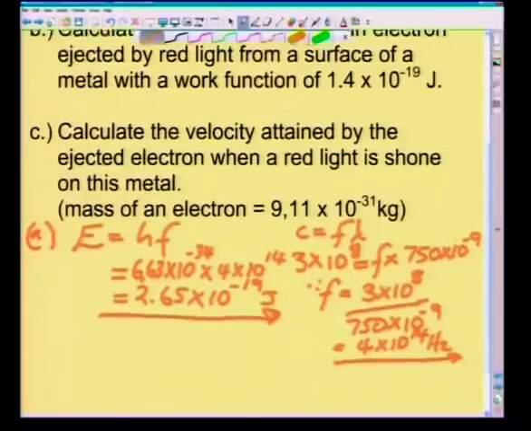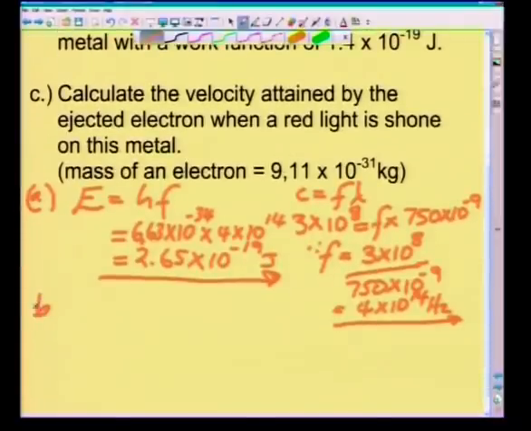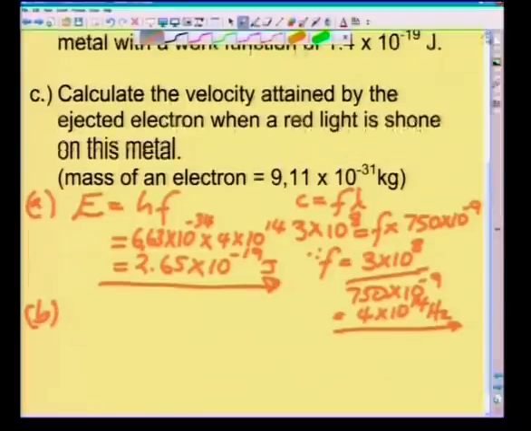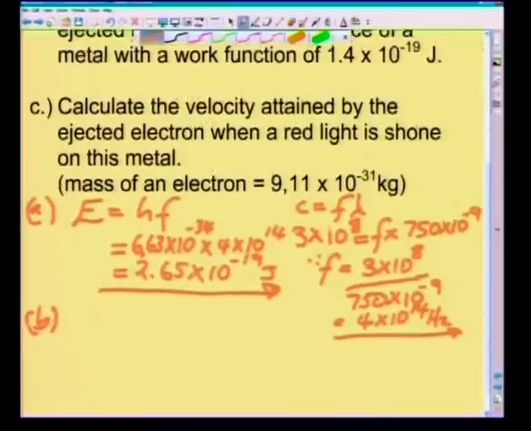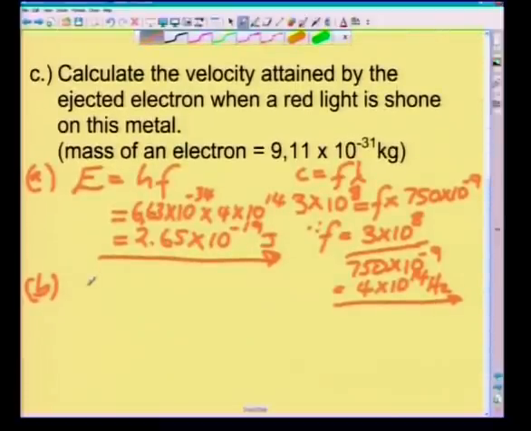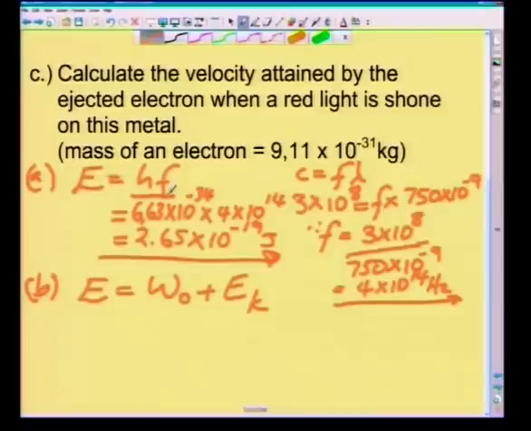Now let's move on to B quickly. Getting the answer for B. Now, B says calculate the kinetic energy of an electron that is ejected by this light. We know that from the energy equation, E will be equal to the work function plus EK. And I'm deliberately writing it this way because I've already calculated HF there, which is E. What is HF?